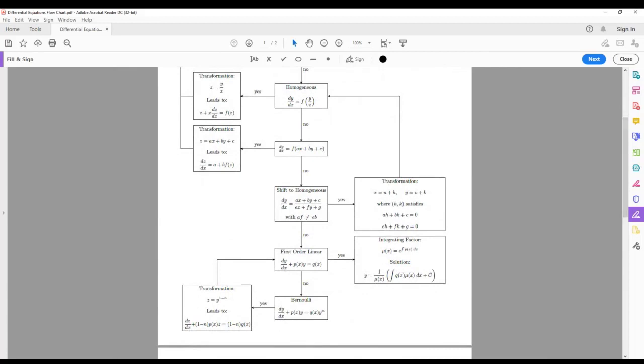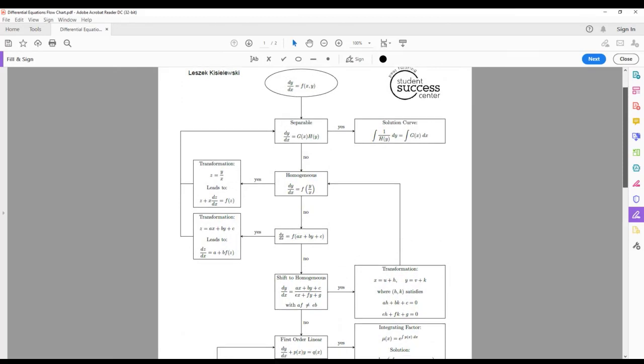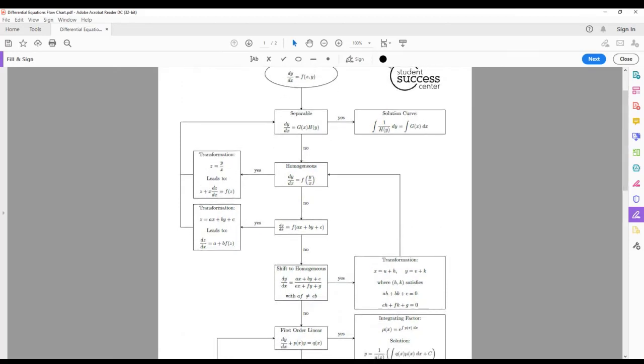For each of these types, once you recognize it, there's a technique you use, either a transformation or some technique, which will turn a differential equation into something you can solve. So maybe you can tell me what is a separable differential equation?